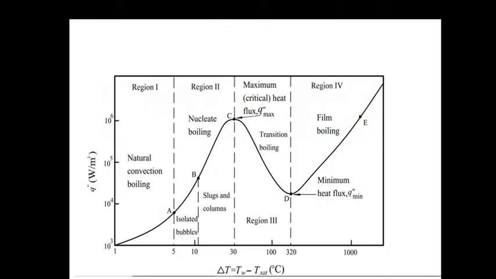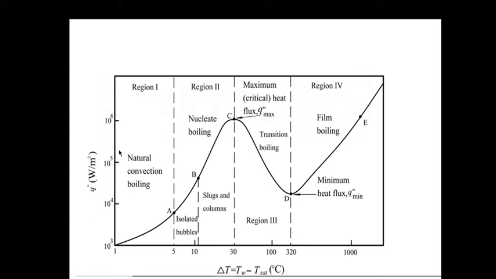First of all, what is this curve? On the y-axis there is heat flux. The unit of heat flux is watt per meter square. What is meant by heat flux? Heat flux is the quantity of heat we supplied to the system per unit area.